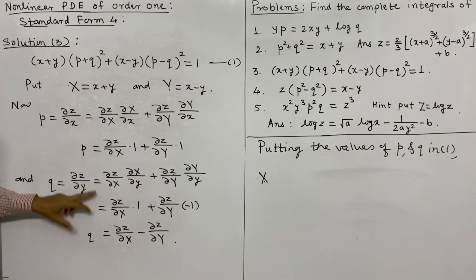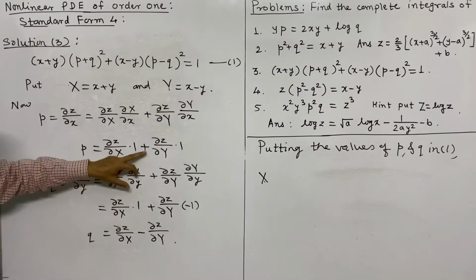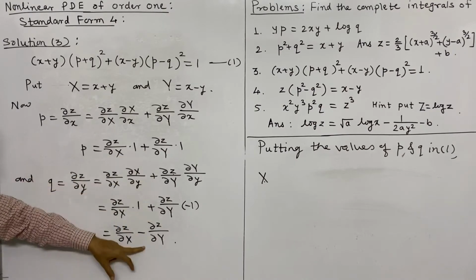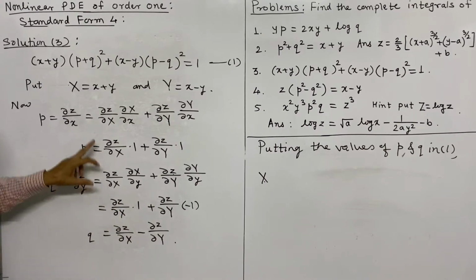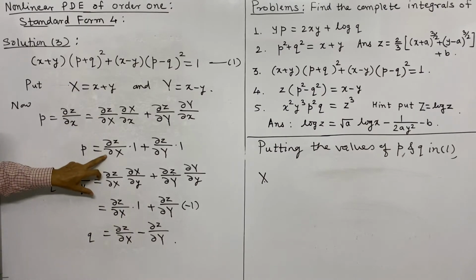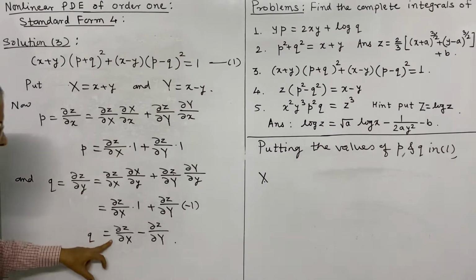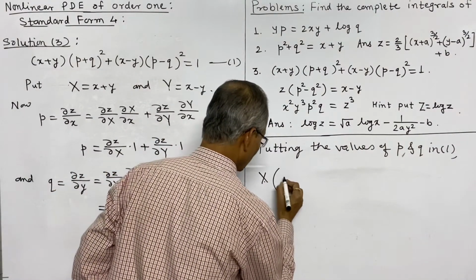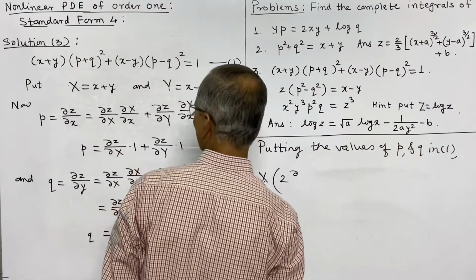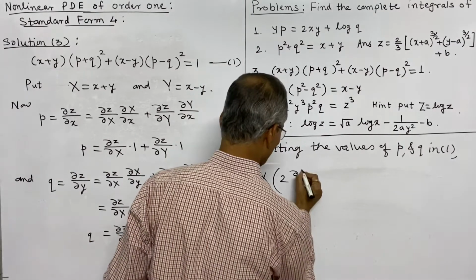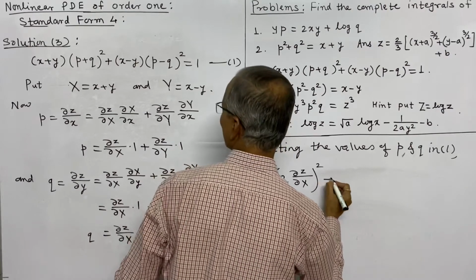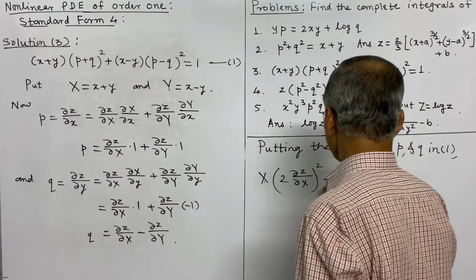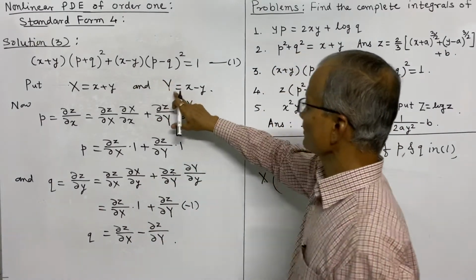In the addition, the dou z by dou capital Y term cancels, and this becomes double. So p plus q is twice dou z by dou capital X, and that I shall write directly: 2 dou z by dou capital X, and its whole square. Next, plus x minus y is capital Y.